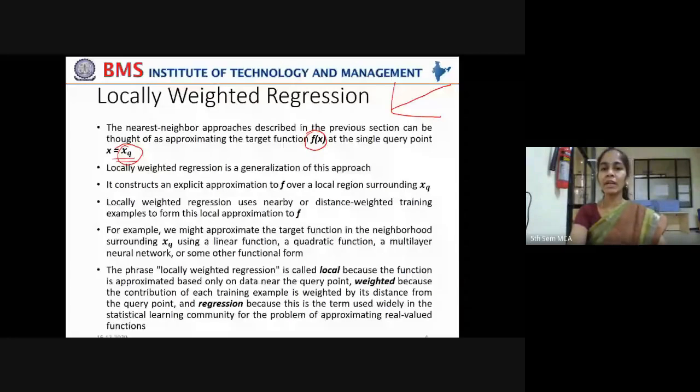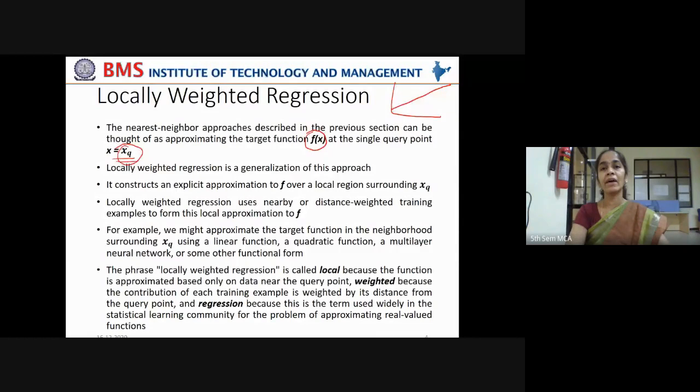Now, locally weighted regression is a generalization of what we are adopting in k nearest neighbor. We are trying to add some weights to the attributes based on their importance or the range of influence they have in predicting the outcome variable.